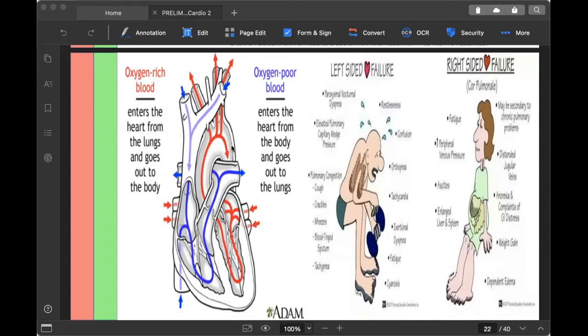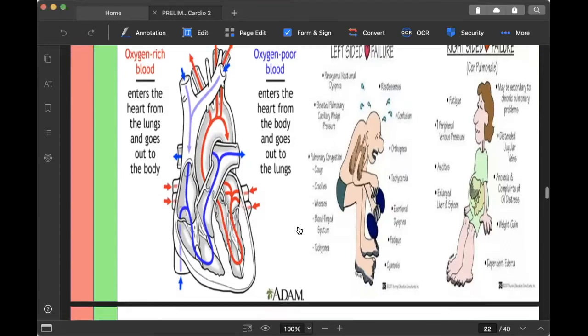Okay, and because of gravity, the patient will actually experience edema in the lower extremities. The fluid buildup will go down. Okay, so that is your left-sided and right-sided heart failure.